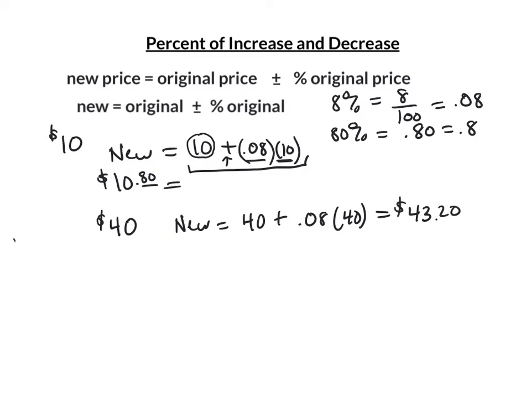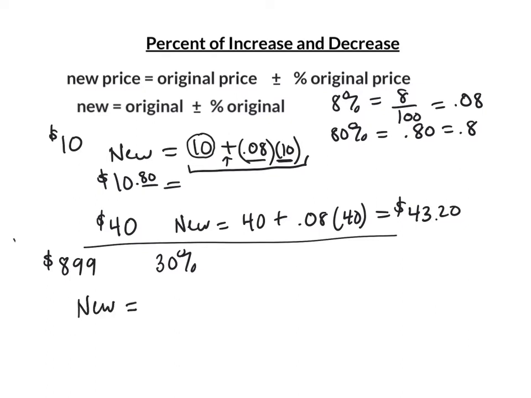But this formula can work different ways. For example, let's say you're buying something like a computer that was $899, but it was 30% off, special today. So you get a new price by taking the original $899 and it's going to subtract because the price is going down. 30% is 0.3 or 0.30 times the original $899.